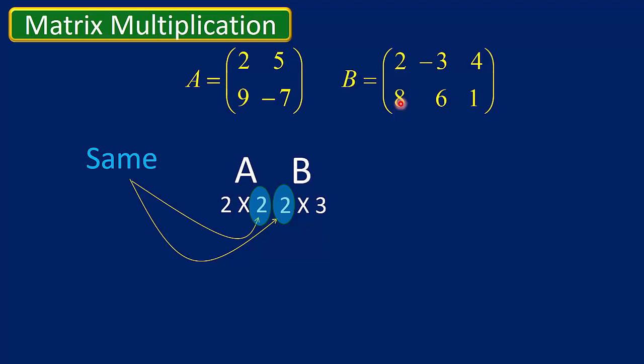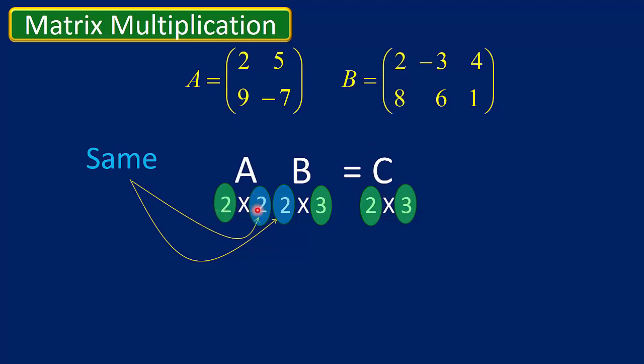You're going to get a matrix. And the matrix that you're going to get, we'll call it C, is going to be a 2 by 3. In this case, notice, this is a 2 by 2, this is a 2 by 3. The way we determine that it would be a 2 by 3 is the number of rows comes from the number of rows of A, and the number of columns comes from the number of columns of B. Now that's something you can explore a little bit to see why that's the case, but this is a very quick way that you can see the dimensions of your product.